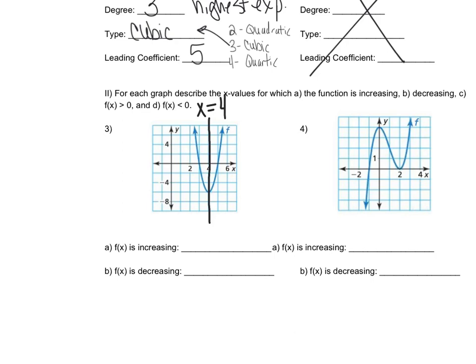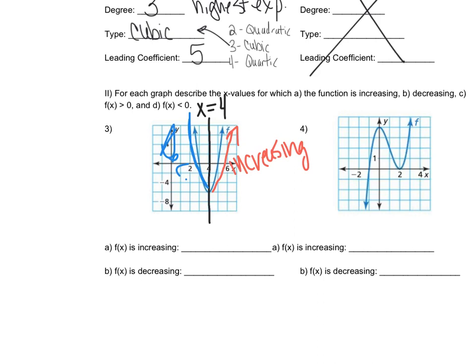Anytime we're talking about increasing and decreasing, we are writing it as an inequality relating to our x values. So if we look, it is increasing to the right over here. This is where it is increasing. And it is decreasing over here. Which means if we're describing where it is increasing, it's related to x equals 4.